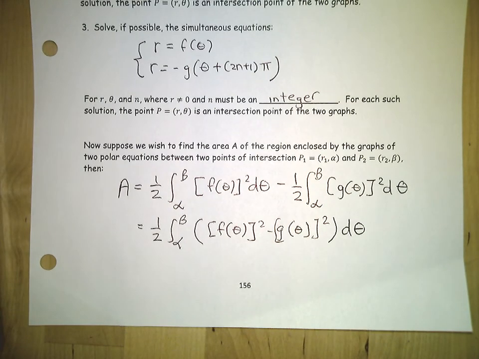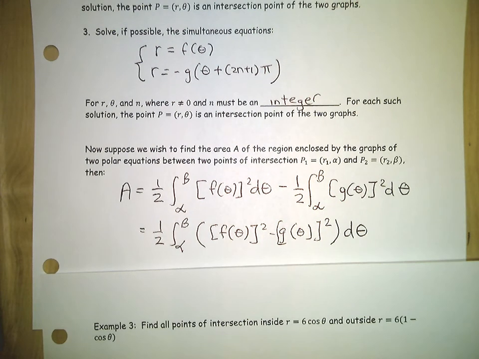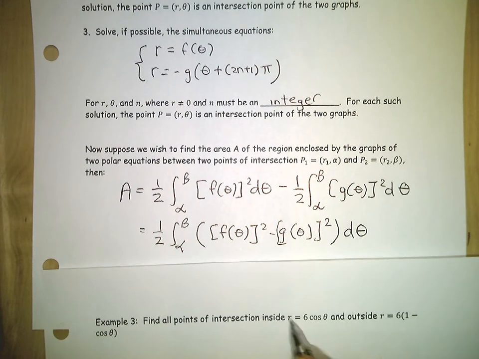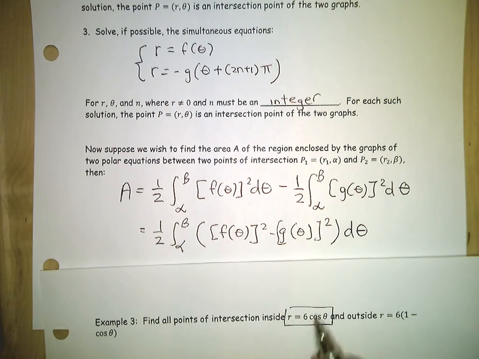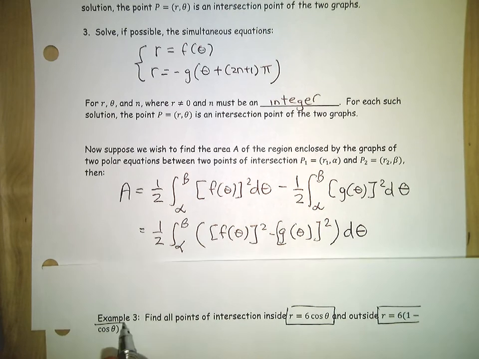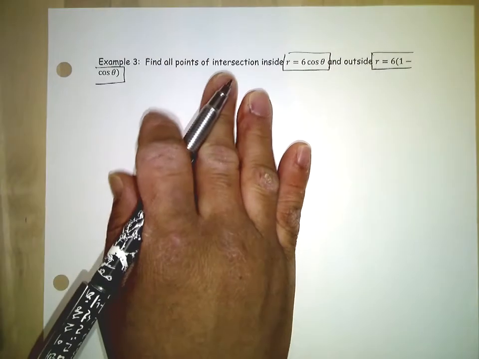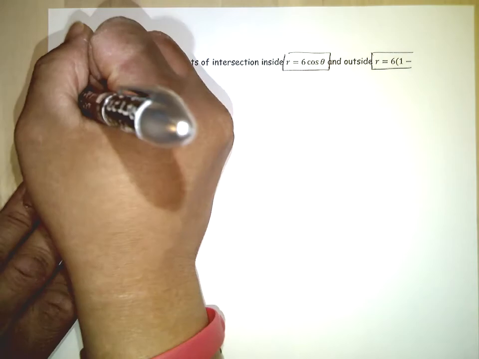All right, so let's do an example of finding all intersection points inside of r equals 6 cosine of theta and outside of r equals 6 times (1 minus cosine of theta). So let's go through the steps one by one.